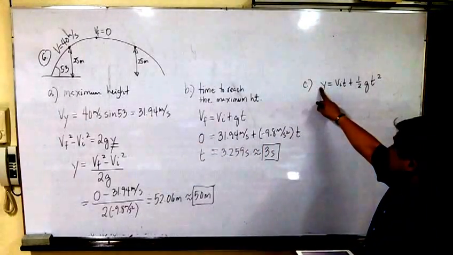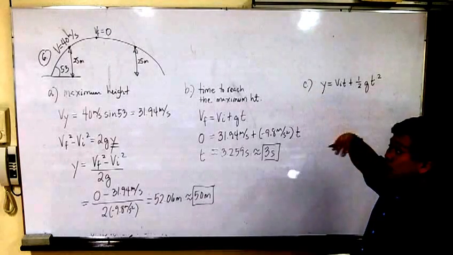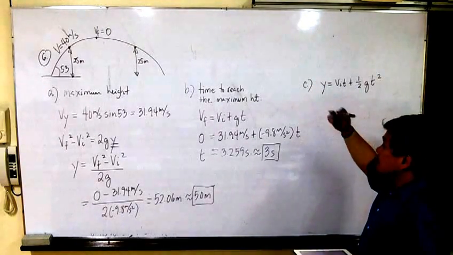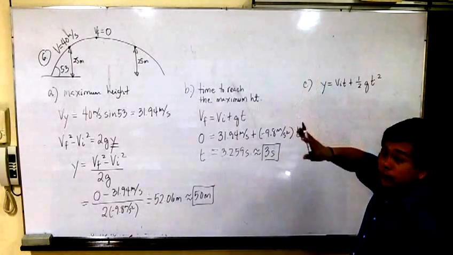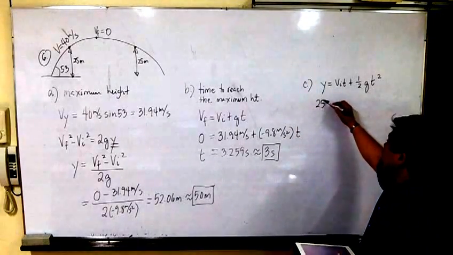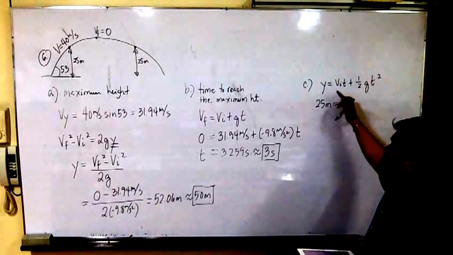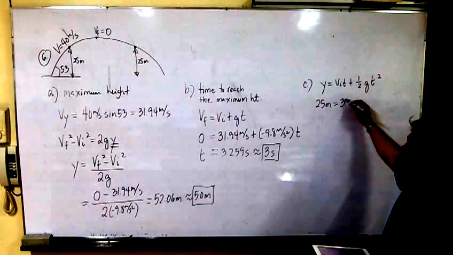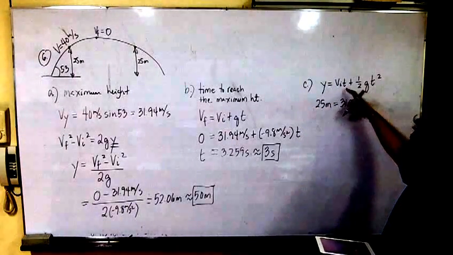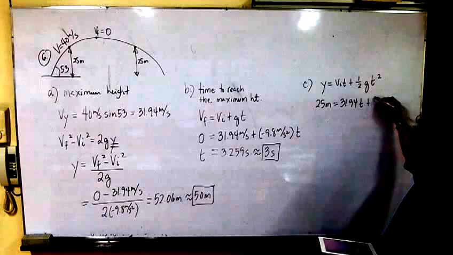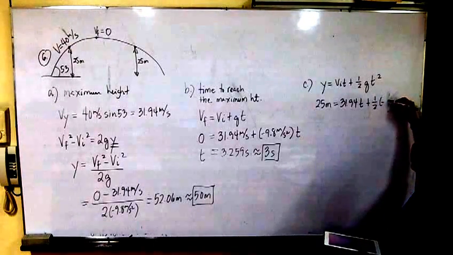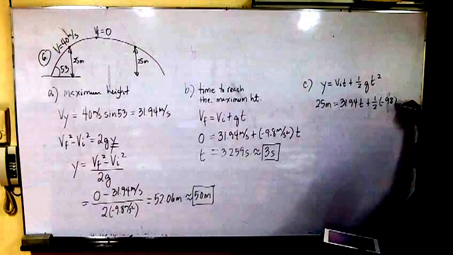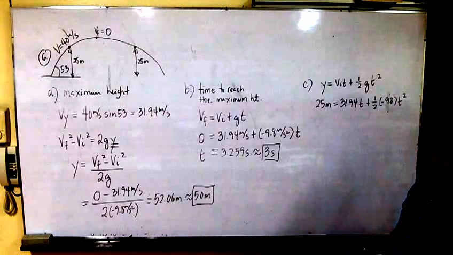Okay? And it says in the problem, in letter C, 25 meters. So positive. We are going to solve the portion when the baseball is still moving upward. So 25 meters is equal to v sub i, which is 31.94, and then just copy t, plus 1/2 the g, negative 9.8 t squared.